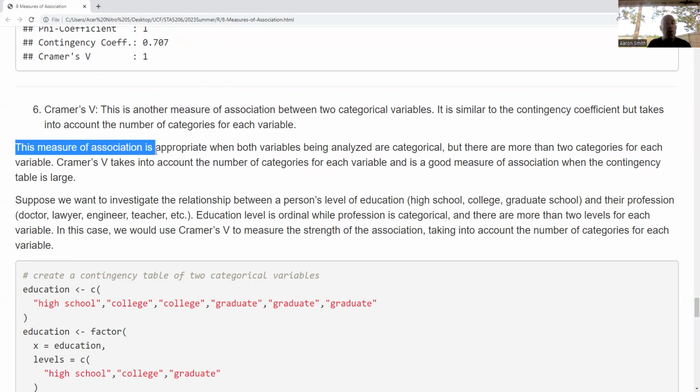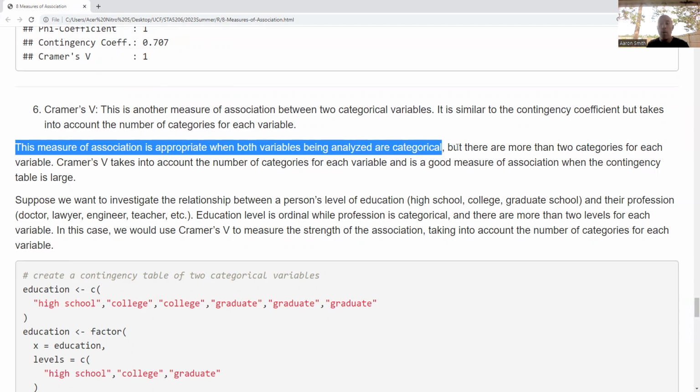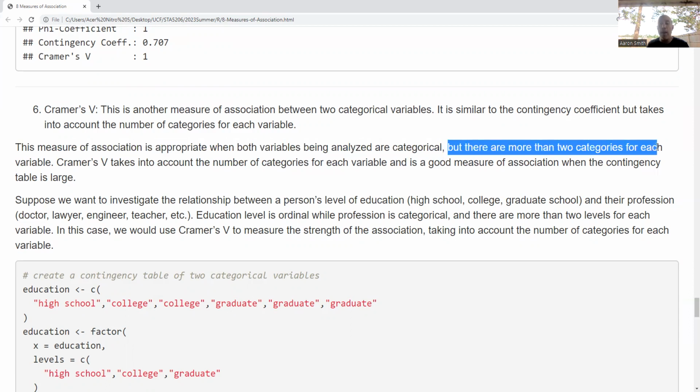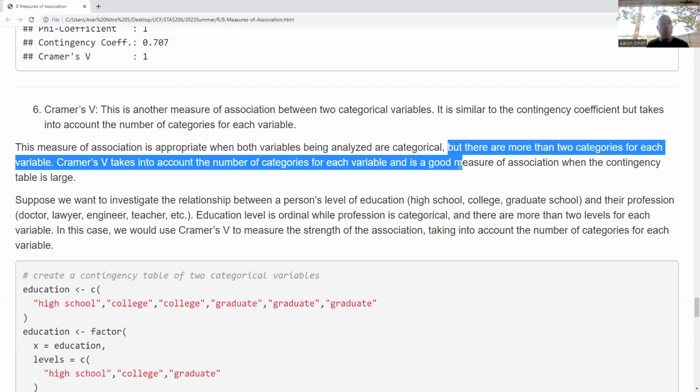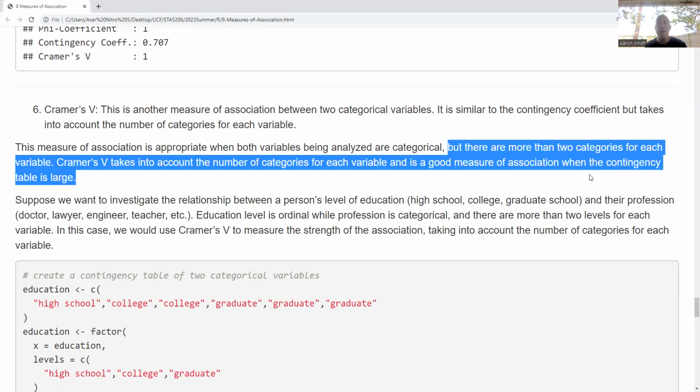This measure of association is appropriate when both variables being analyzed are categorical, but there are more than two categories for each variable. Cramér's V takes into account the number of categories for each variable and is a good measure of association when the contingency table is large.